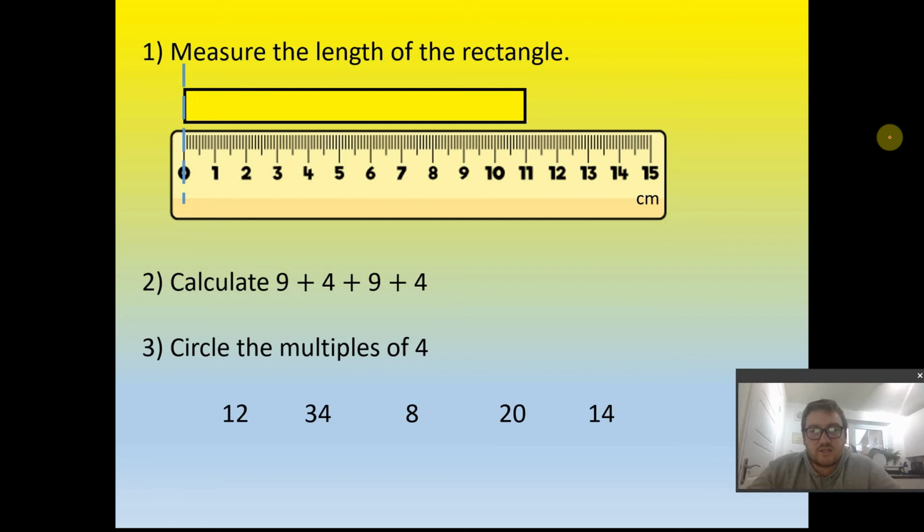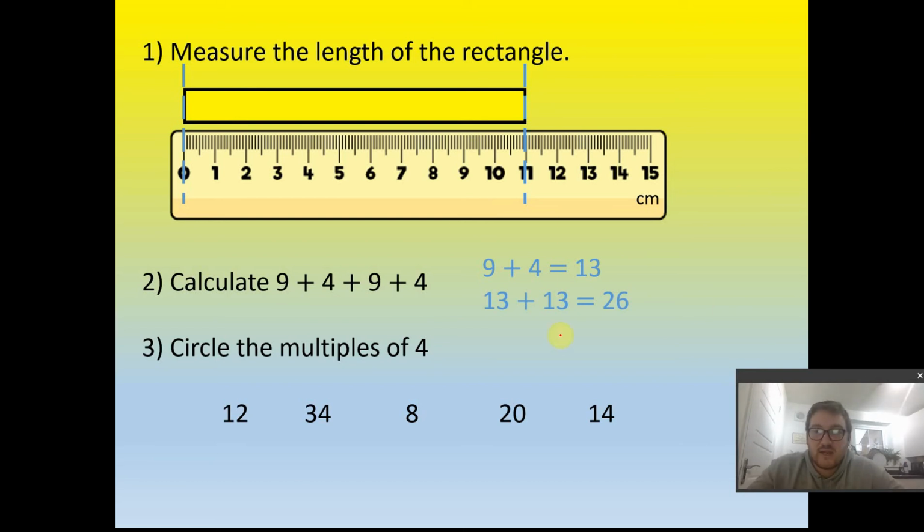So as we discussed, I jumped the gun a little bit there. The length of the rectangle in this instance is 11 centimeters. Calculate 9 plus 4 plus 9 plus 4. Well, we can do 9 plus 4 equals 13, and because then we've repeated that addition, we don't need to work it out again. So we could do 13 add 13, which equals 26.